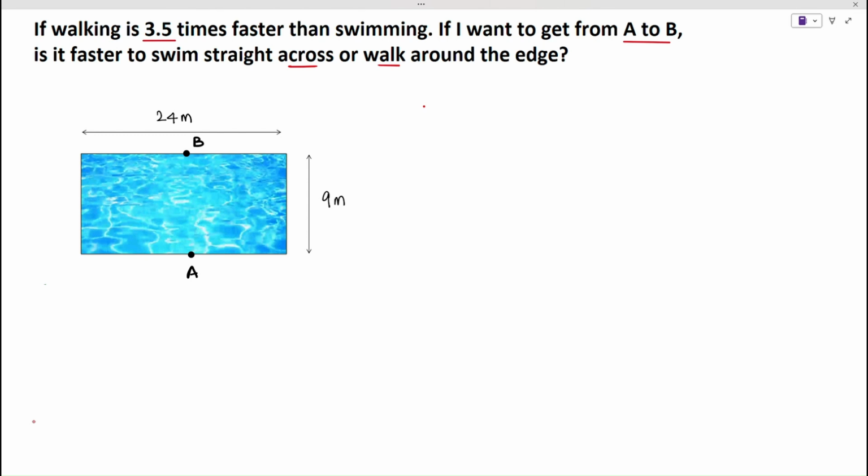So we have our speeds and we have our distance, but the only way we can compare them is if we take the time. So let's take swimming first. We know our distance, which is 9 meters, because this is the width of the pool.